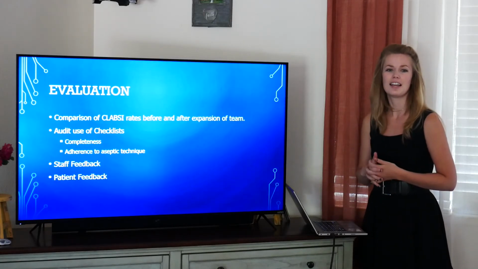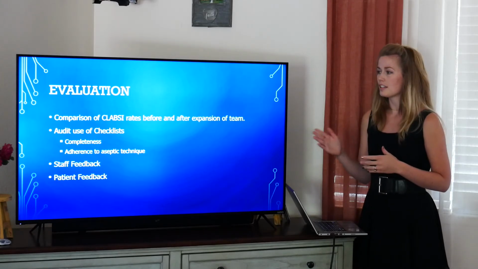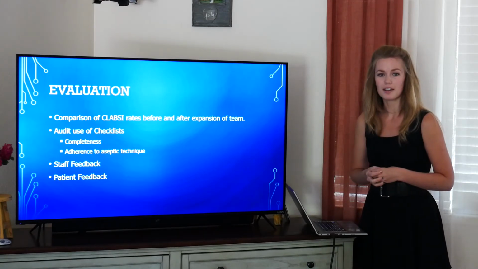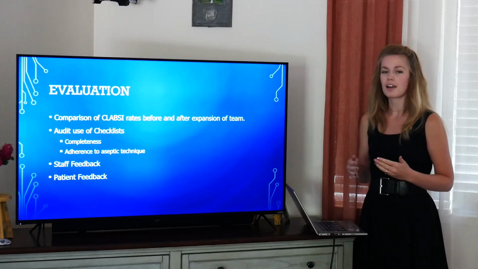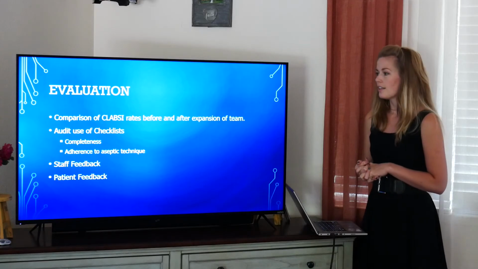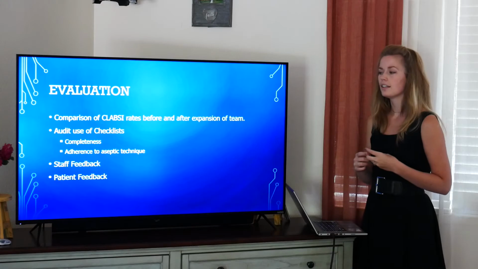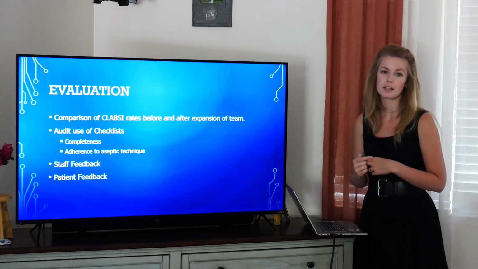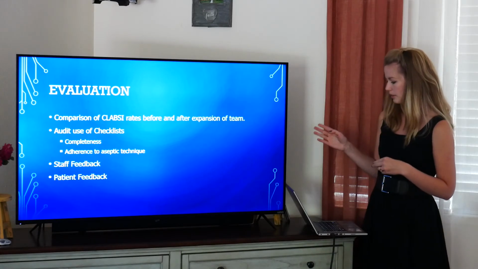At the end of this, and after some time to give it the year that I had predicted in my PICOT question, we would compare the CLABSI rates before and after expansion of this team. Then we would audit the use of checklists, make sure that they were complete, and make sure there was adherence to aseptic technique. In these checklists, you'll see later that I have some links to them.